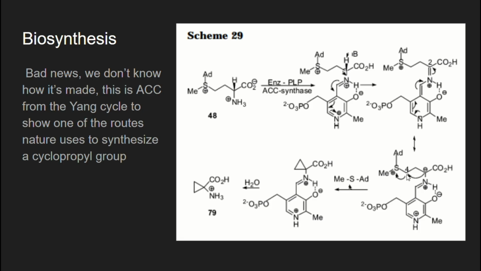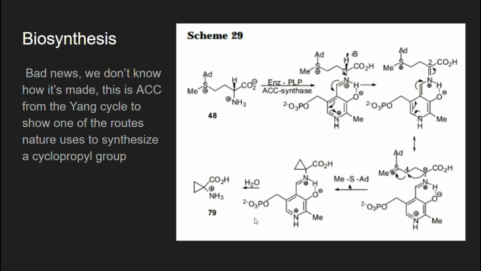So it is going to attack carbon 4, and this carbon 4 is then going to boot off this sulfur, and you're going to get the methyl adenosine sulfur portion of the molecule leaving, and you end up with a cyclopropyl group with a carboxylic acid.